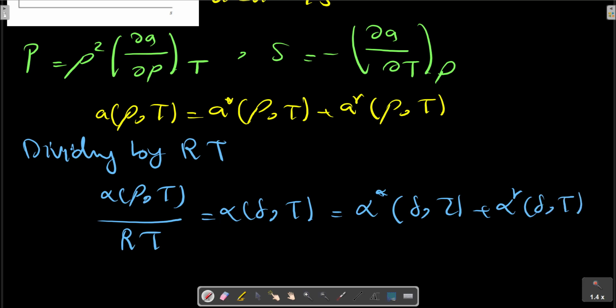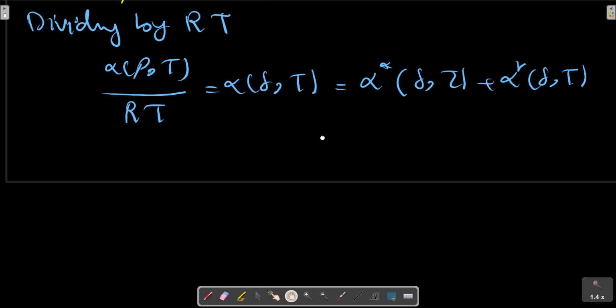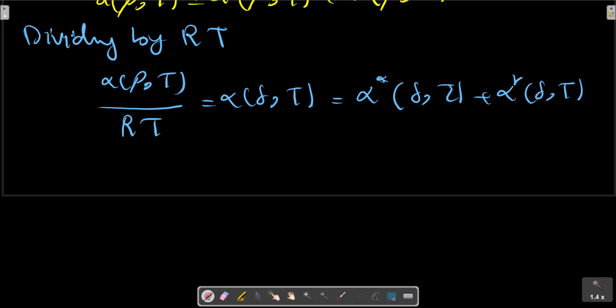In terms of reduced variables, we have these relations: delta equals rho over rho c, and tau equals Tc over temperature, where c denotes the critical point.